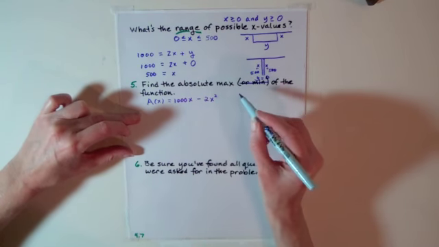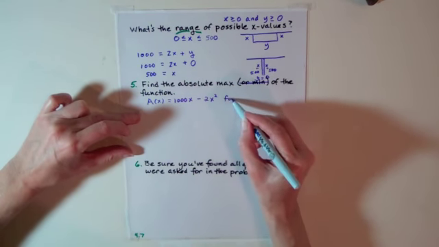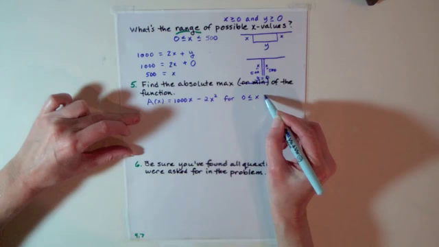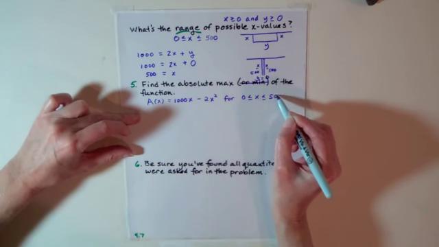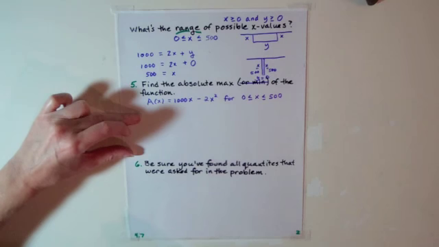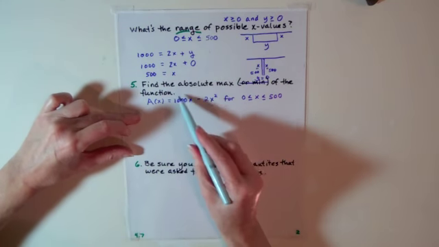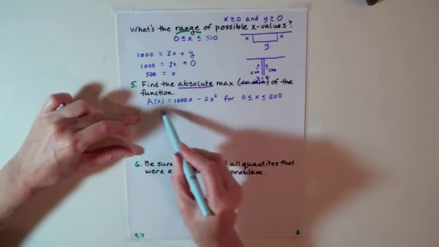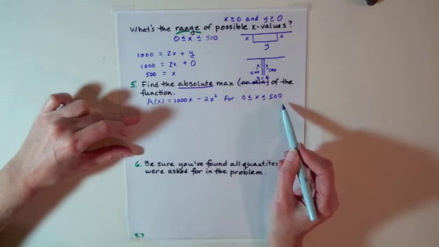But we now also have this range of x values. x has to be something in the interval from 0 to 500. We really want the biggest possible output, so we want the absolute maximum of this function on this interval.